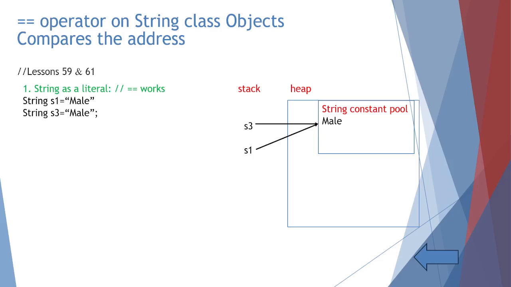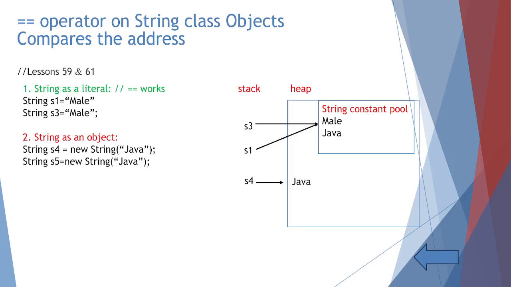Whereas the next type, string as an object using the new operator, will create S4 in the heap area as well as in the string constant pool. But S4 is pointing at "Java", which is in the heap. When we create S5, it also is created in the heap area, and S5 is pointing at the second "Java" in the heap area.